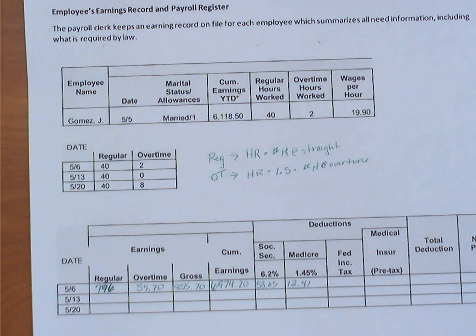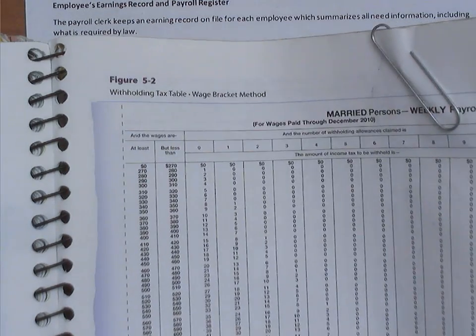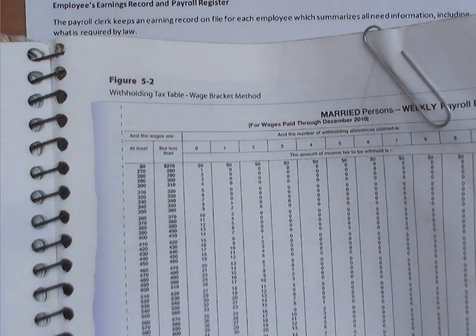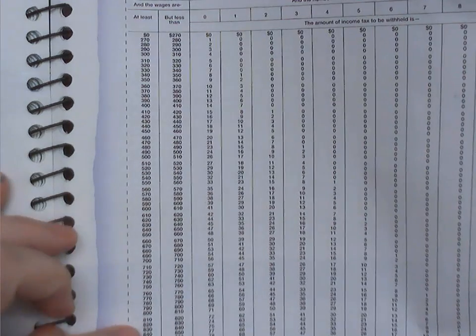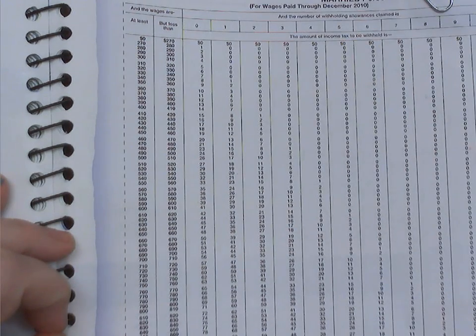Federal income tax withholding. Again, we go back to the book. I'm going to use the wage bracket method, and he is married with one allowance, and he made $855.70. So here we have married, and $855 is going to be right in here.